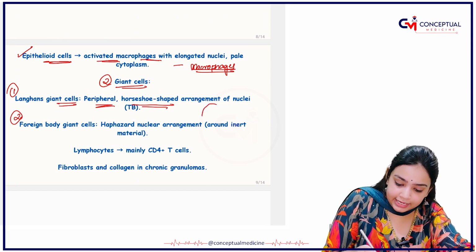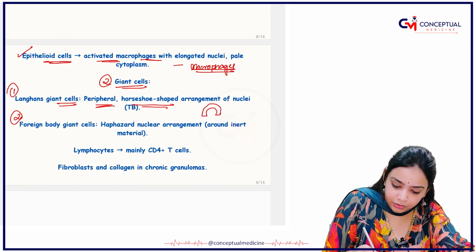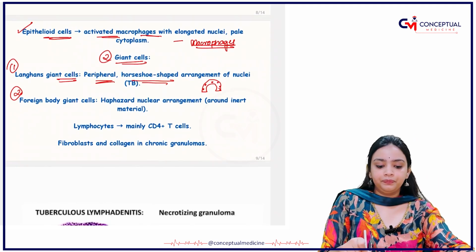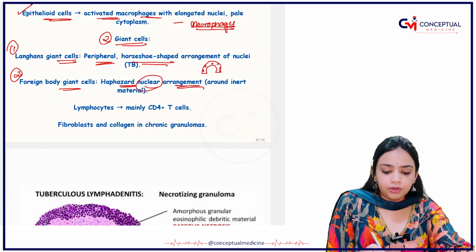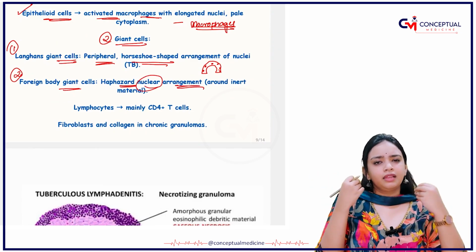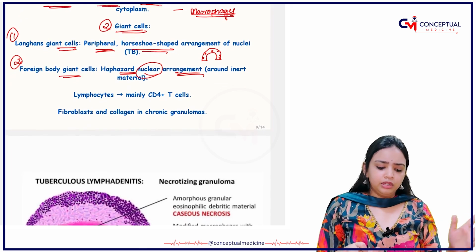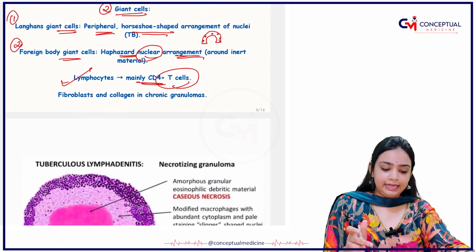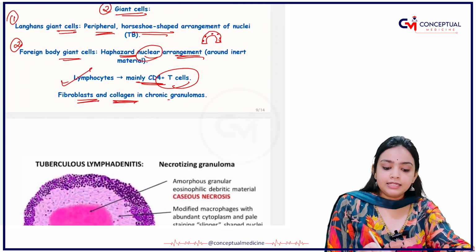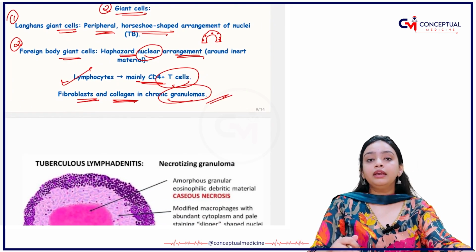Okay, like this. Have you seen a horseshoe? Then you have the foreign body giant cells. They have a haphazard nuclear arrangement, like anywhere the nuclei can be found. Then you have the lymphocytes, mainly CD4 T cells. And then you have the fibroblasts and collagen in the chronic granuloma.